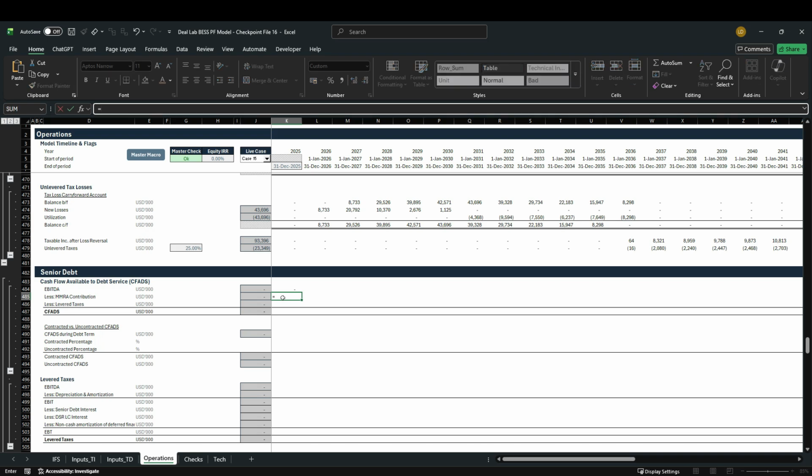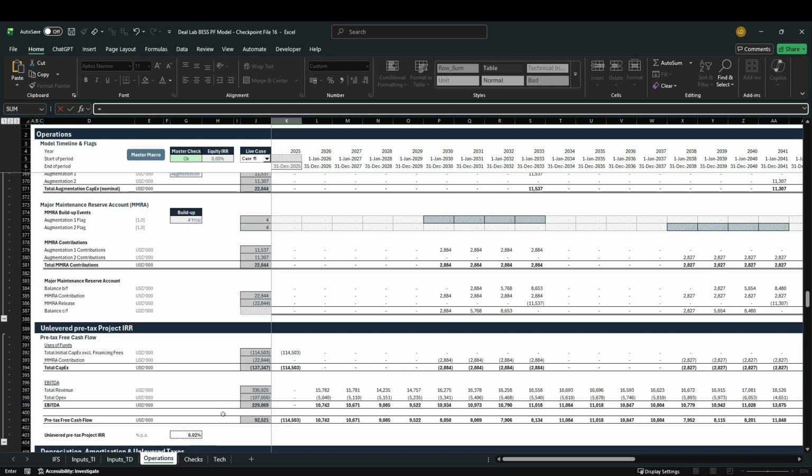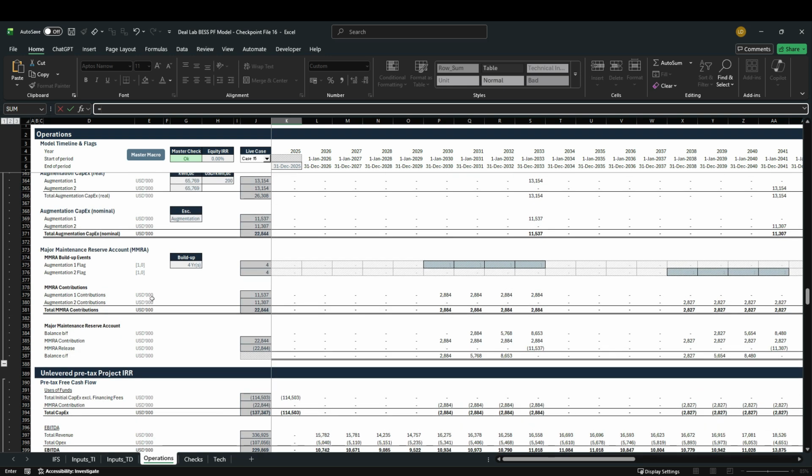So that equals to, let's scroll up, our MMRA is right here in row 373 onwards, and our MMRA contributions are in row 385, which are modeled positive, which means we have to flip the sign. So that is equal to minus 385. Hit enter.